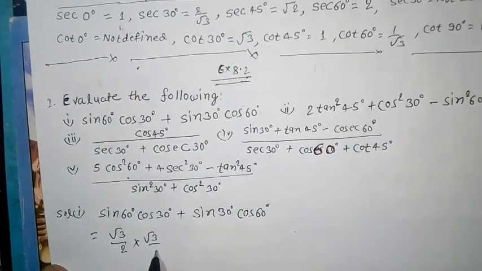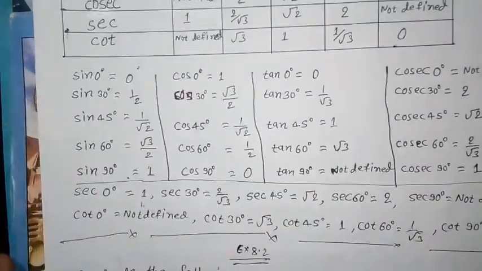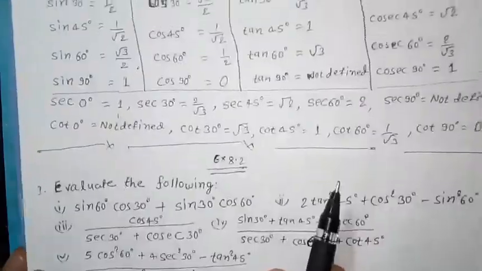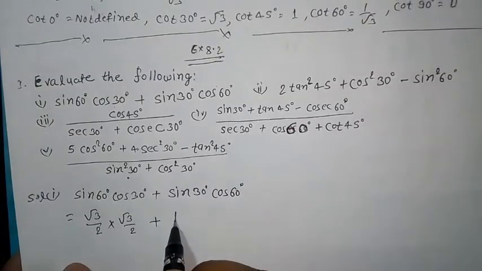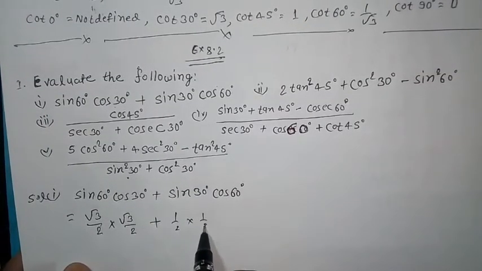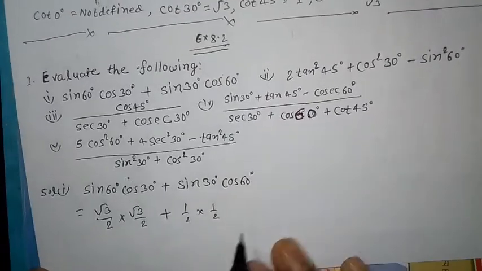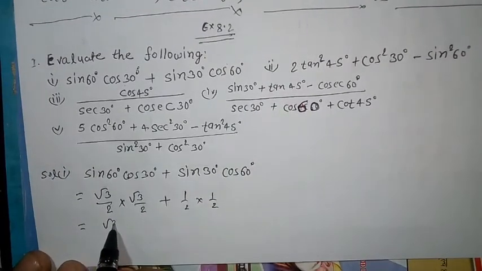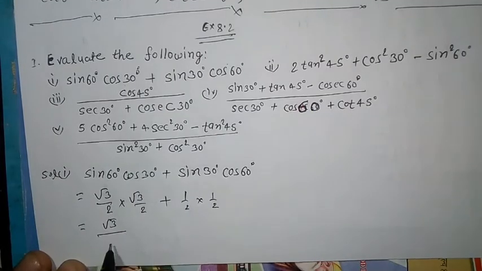root 3 by 2 plus sin 30 is 1 by 2 and cos 60 is 1 by 2, 1 by 2 into 1 by 2 is equal to root 3 into root 3 is 3, 2 into 2 is 4, plus 1 into 1 is 1, 2 into 2 is 4.